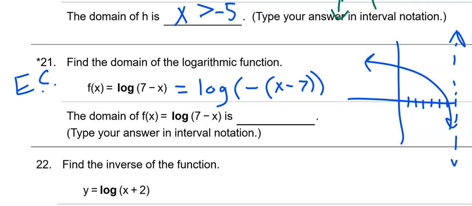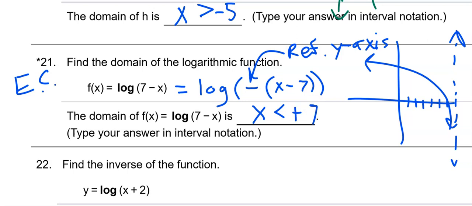So it got reflected. That negative right there caused the reflection across the y-axis. So my domain would be x is less than positive 7, but not equal to.